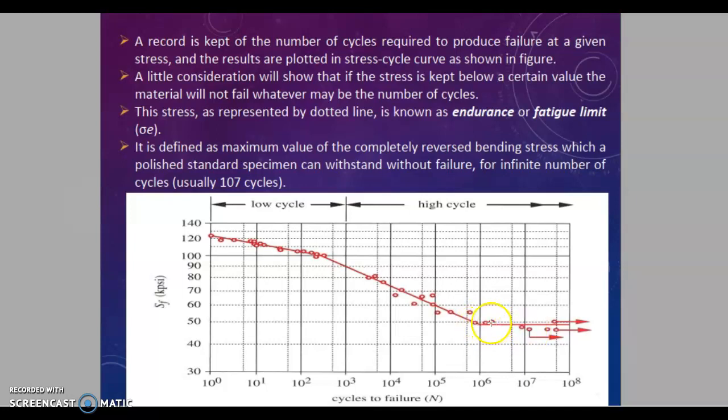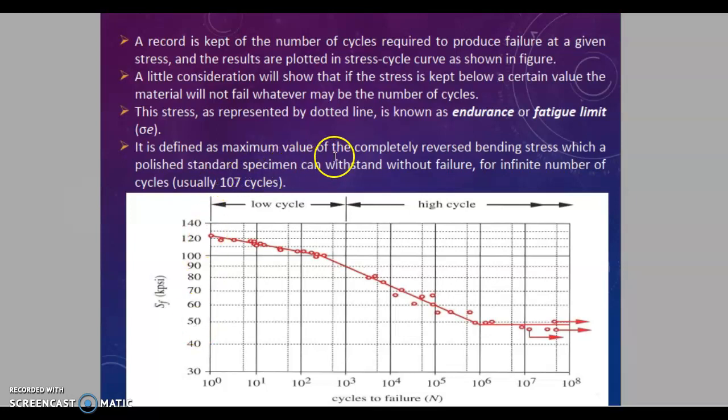Even after increasing the number of cycles, the material will not fail, and this is the maximum value at which the material can sustain. The material will not fail under an infinite number of cycles. So this is the endurance limit or fatigue limit. As per the definition, this is the endurance limit.